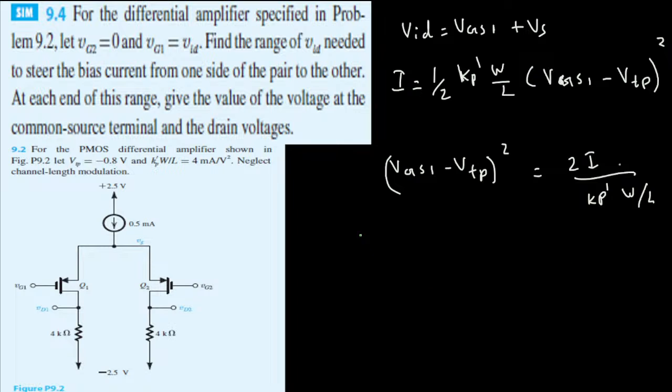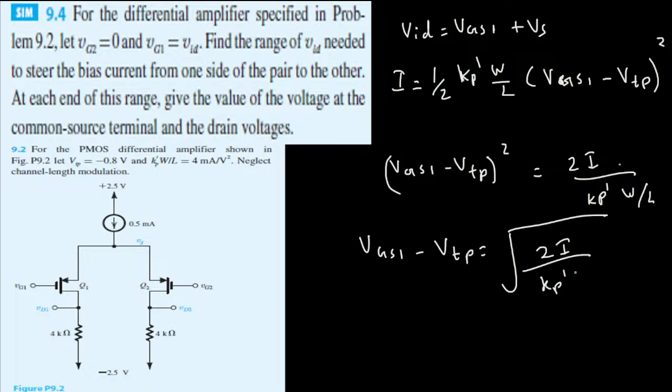And to get rid of the square we can take the square root of both sides, so this one will go away. This is going to be the square root of 2I over Kp prime W over L.